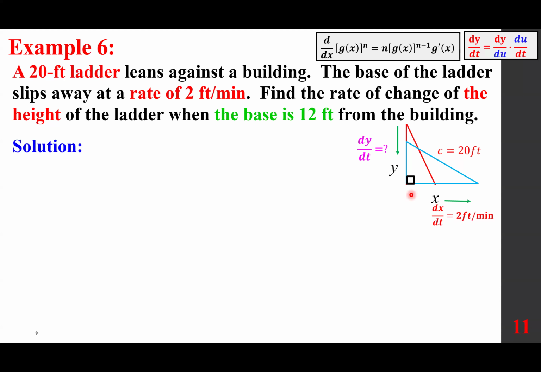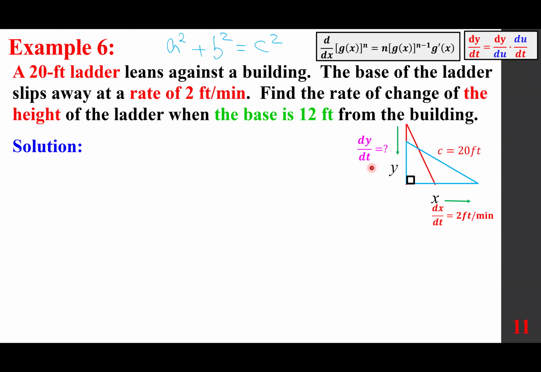This is a right triangle, and therefore we should know a squared plus b squared equals c squared. It's the Pythagorean theorem. So x squared plus y squared is 20 squared.